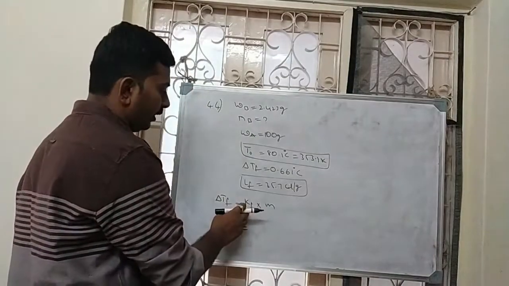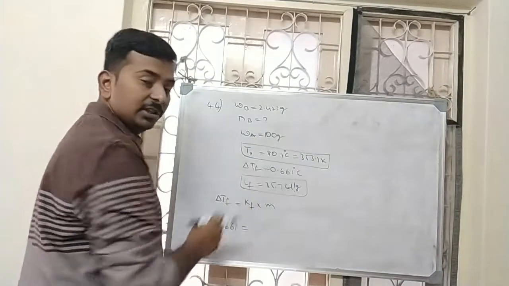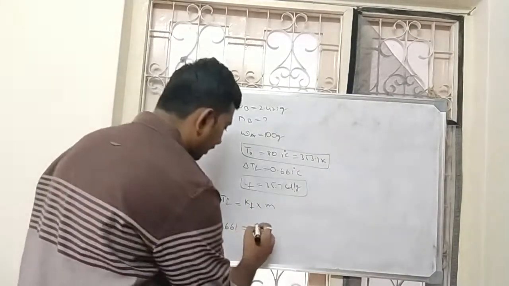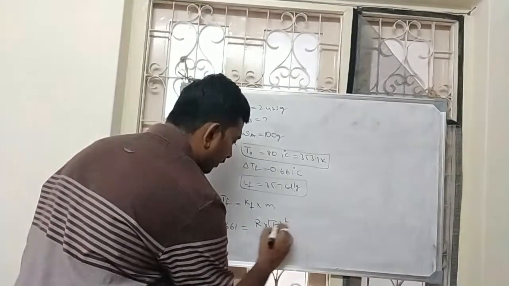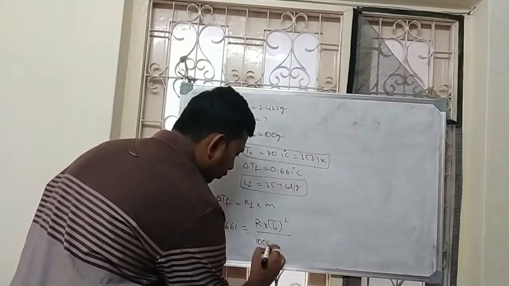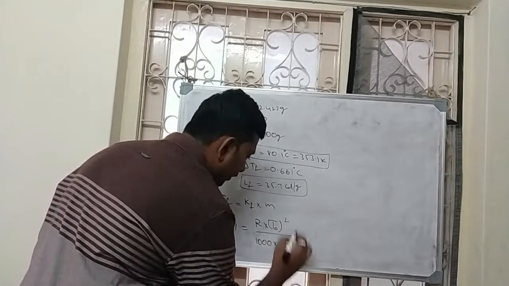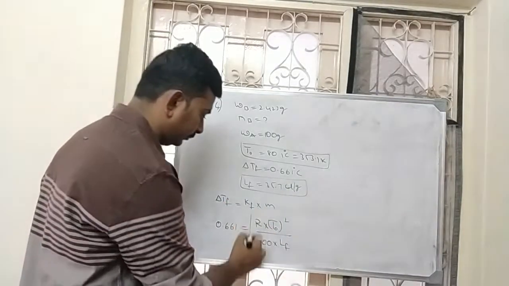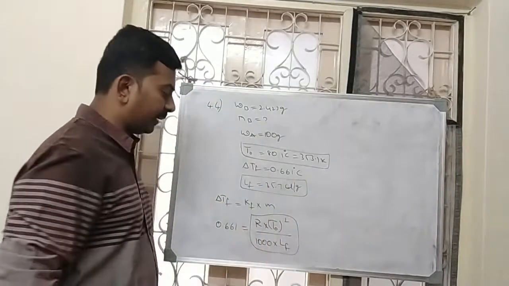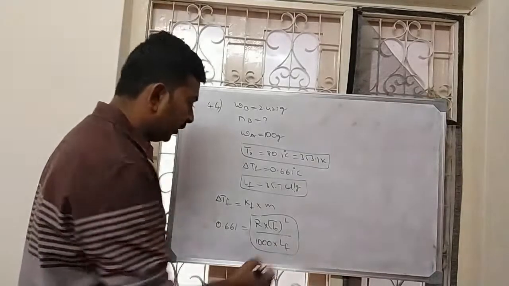We have a formula for that. Kf is R into T naught square by 1000 into latent heat of fusion.